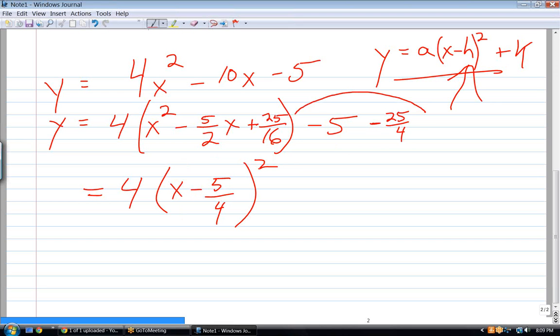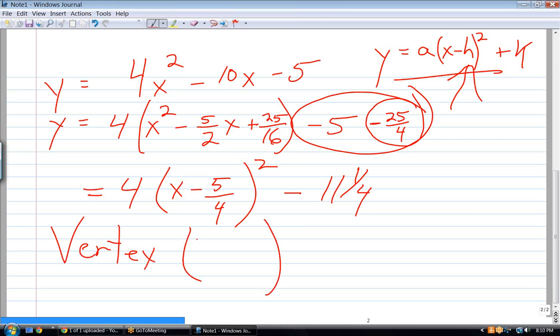Okay, and then what do we have over here? Minus 5 and 25/4, which is 11 1/4, because this is minus 6 1/4. Okay. And where's our vertex?